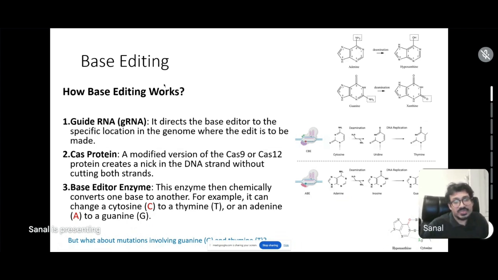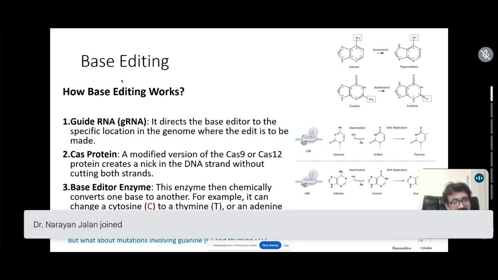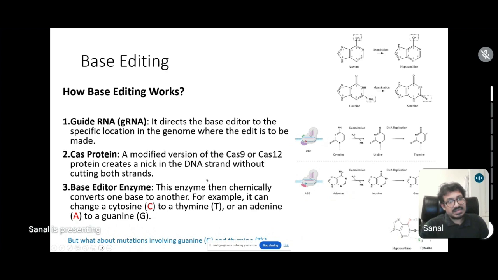Here, what is done is that the Cas9 protein is engineered. So how is it engineered? It is engineered with an enzyme which deaminates, that is, removes the amino group from a nucleotide.